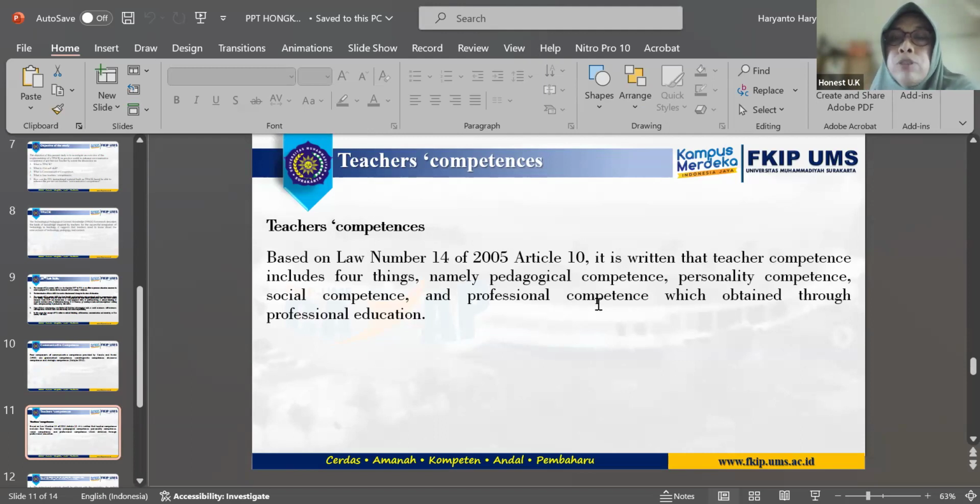The first is pedagogical, the second one is personality, the third one is social, and the last one is professional. It means in this competence, we also find social competence, which means a teacher would be good if they are able to communicate in English to support the social competence.